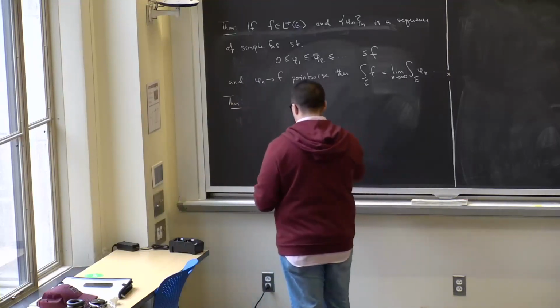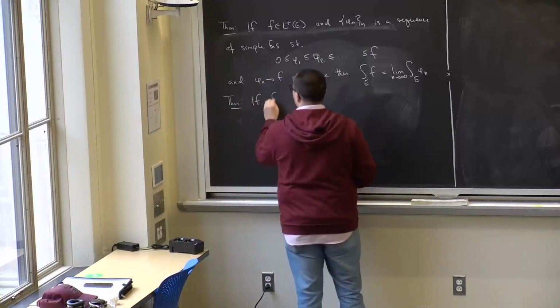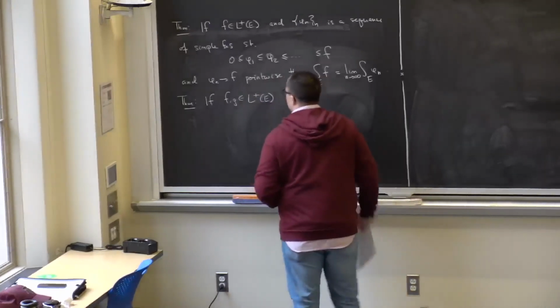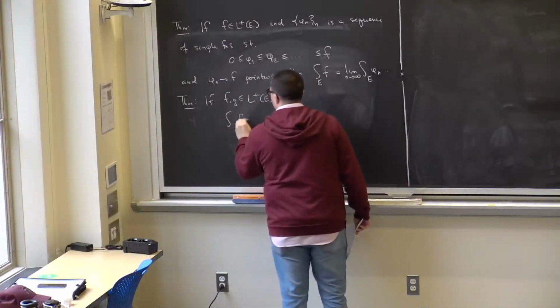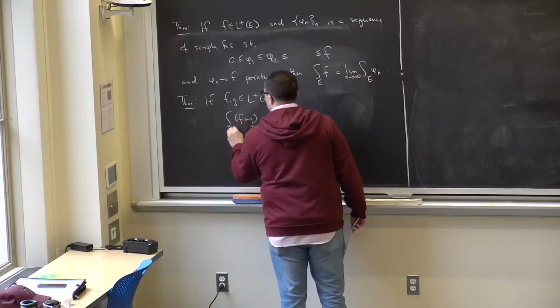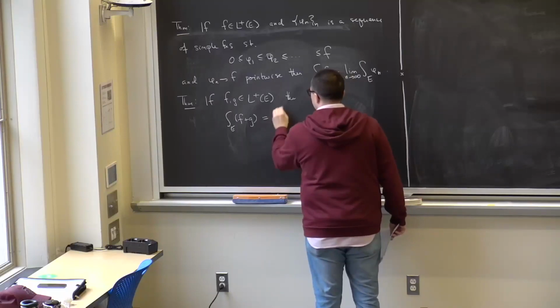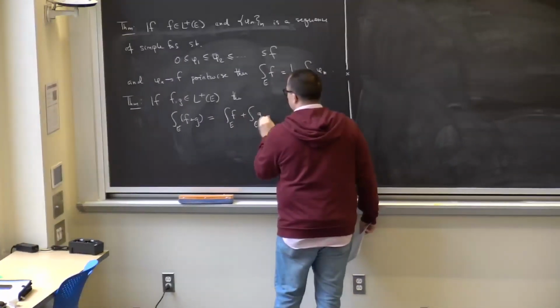The next theorem is linearity of the integral. So if f and g are two non-negative measurable functions, then the integral of f plus g is equal to the integral of f plus the integral of g.